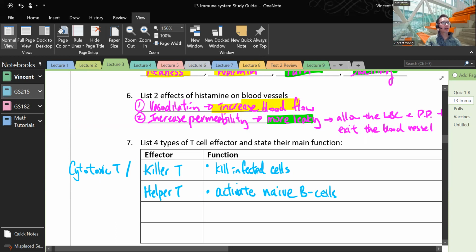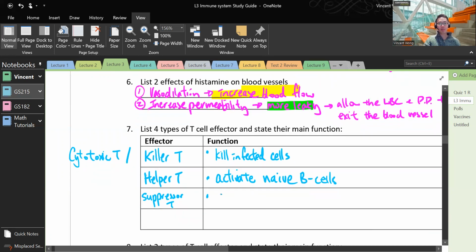We have the suppressor T cell. What does the suppressor T cell do? Is it important to have the suppressor T cells? To stop the immune response when the infection is clear. Exactly.